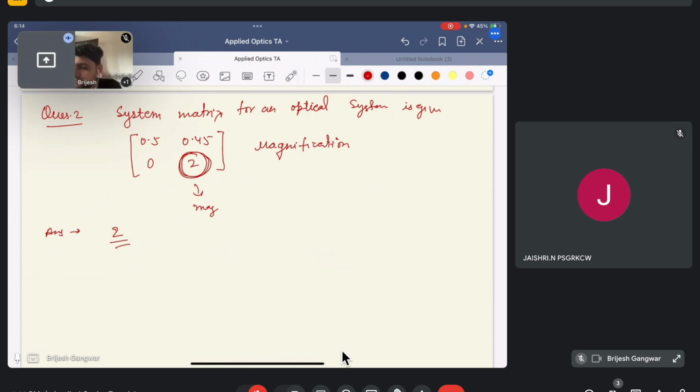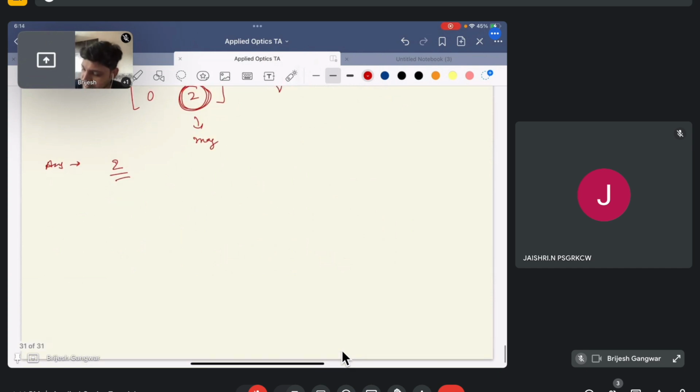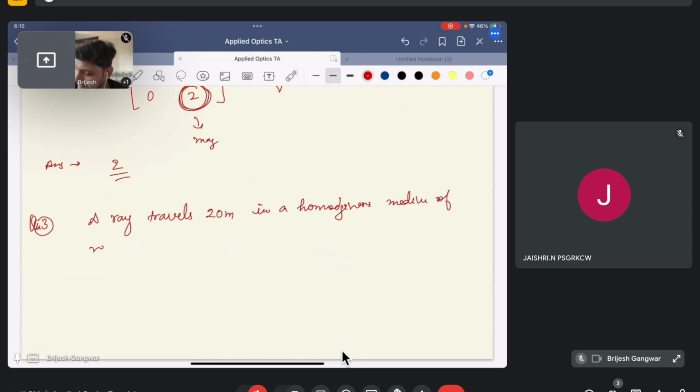Similarly, question number 3: a ray travels 20 meter in a homogeneous medium of refractive index 1.45.